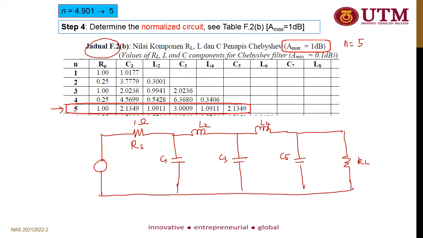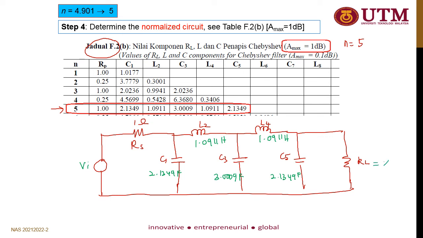Okay, finally you need to put in all the values. So this is Vi or Vs, the source. C1 equals 2.1349 F, L2 1.0911 H, C3 3.009 F, L4 1.0911 H, and C5 2.1349 F. And please refer to the question again, what is the RL value?